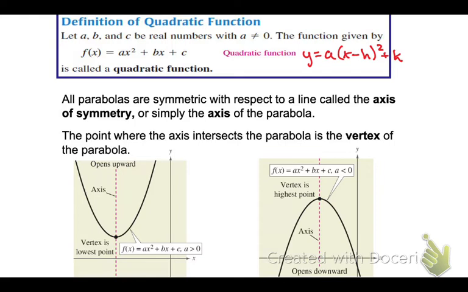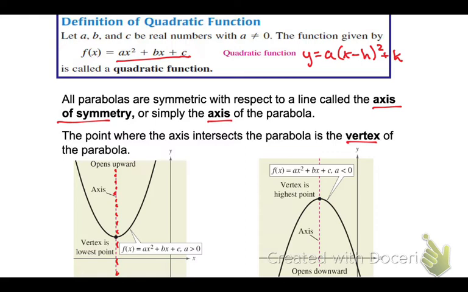A parabola is the shape of this. You all knew that, correct? Our parabolas are symmetrical through their axis of symmetry, which goes directly through the vertex. We call it the axis of symmetry or just axis, and it goes through the vertex.